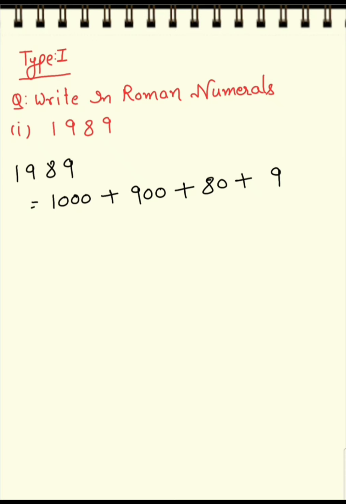So how to write 1000? We know the symbol for 1000 is M. And for 900, what symbol we have for 900? CM. And for 80, what we have? L triple X. And for 9, we have this symbol. So this number we can write like this.